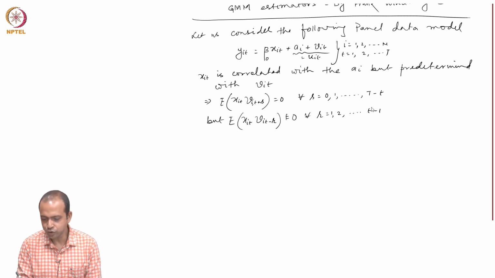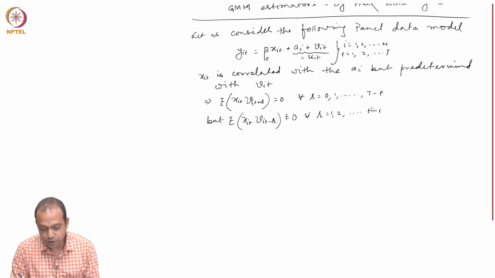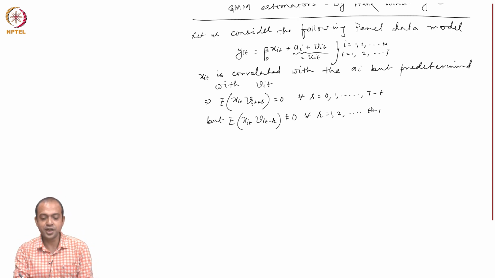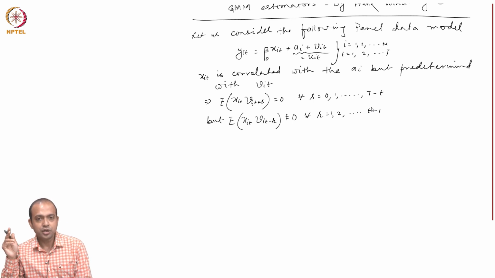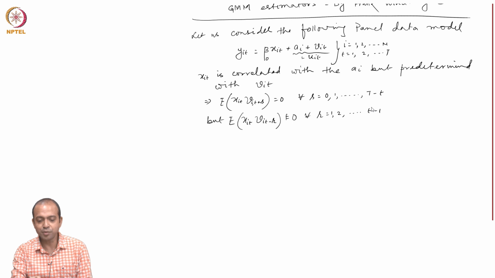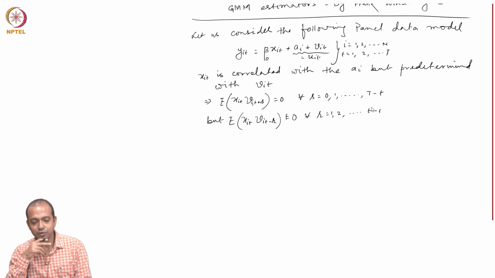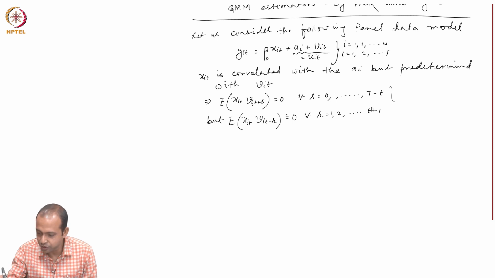Now, if we put r equals 1, it means expectation of x_it and v_i,t minus 1 is not equal to 0. So, essentially it says the explanatory variable is correlated with the past error, but not the present and future. That is why it is called predetermined.